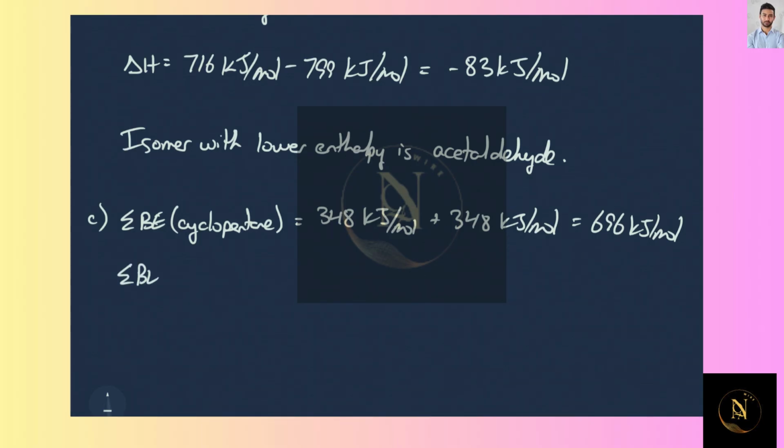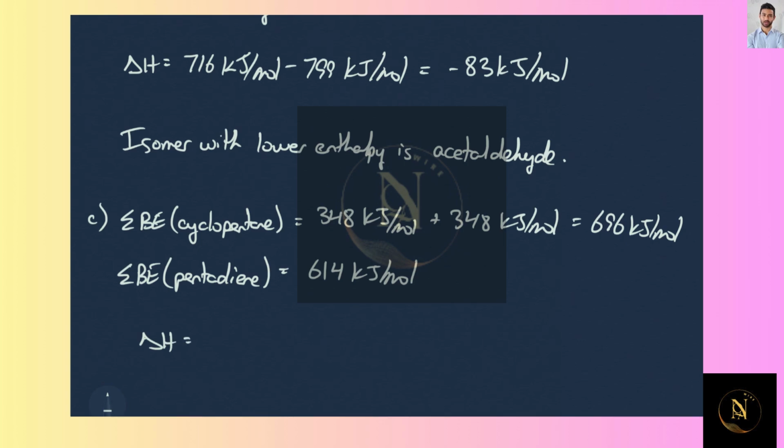And we're going to form, this is pentadiene, we're going to form one carbon-carbon double bond, which is 614 kilojoules per mole.